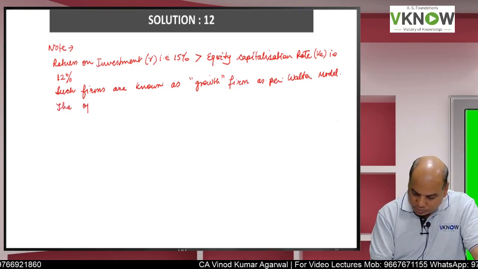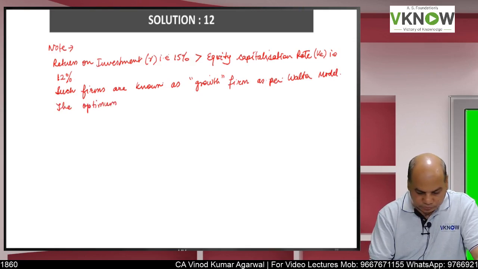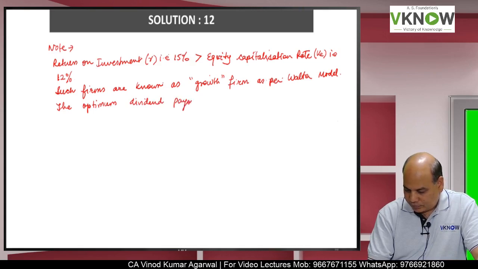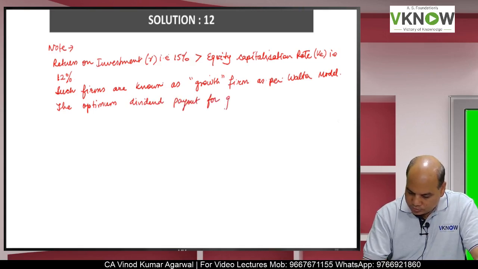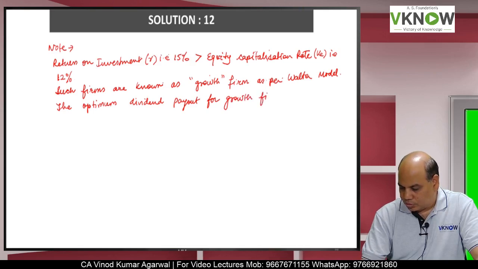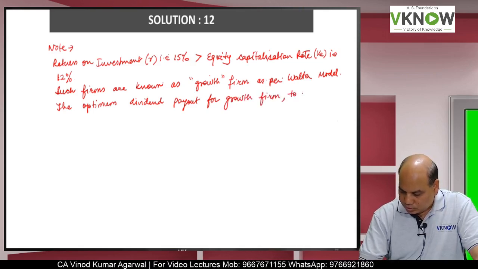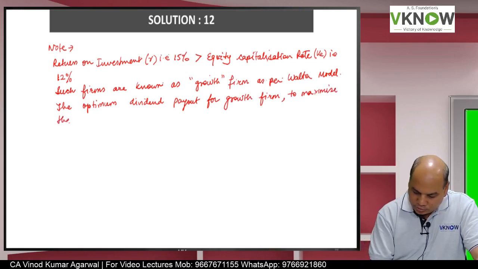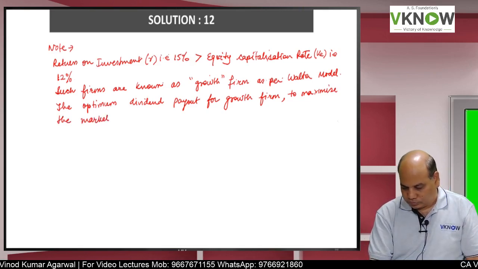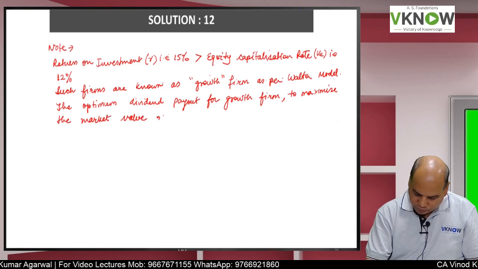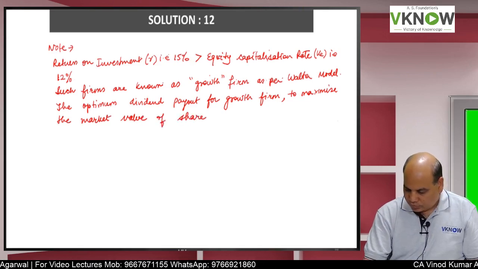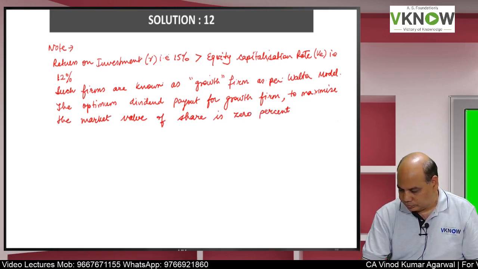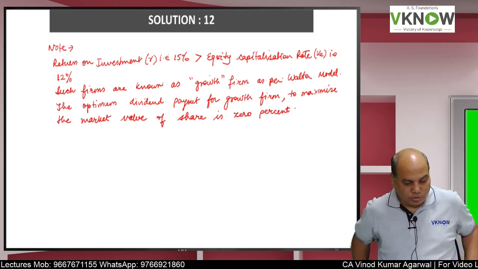The optimum dividend payout ratio for growth firms, to maximize the market value of the share, is 0%. So this is the comment you have to write. 2 marks for this much also.